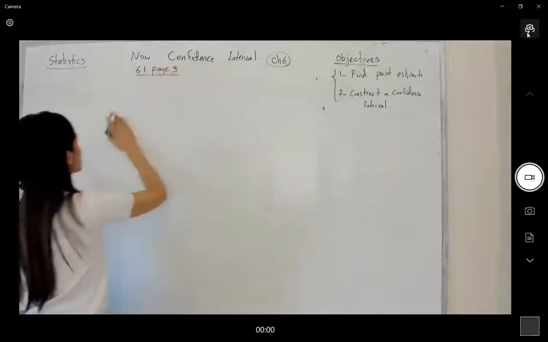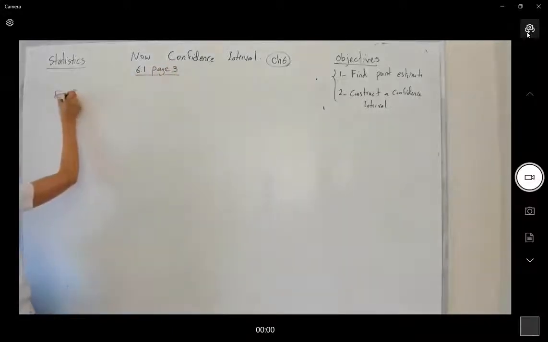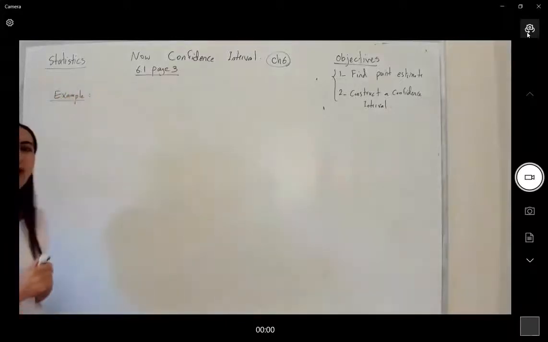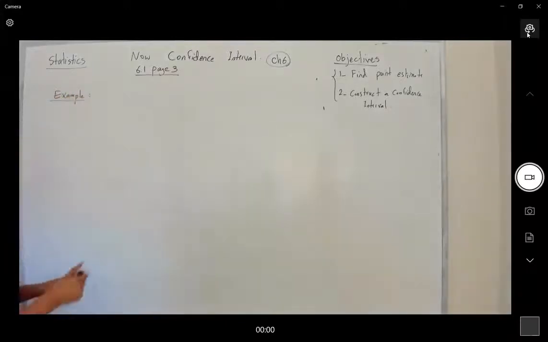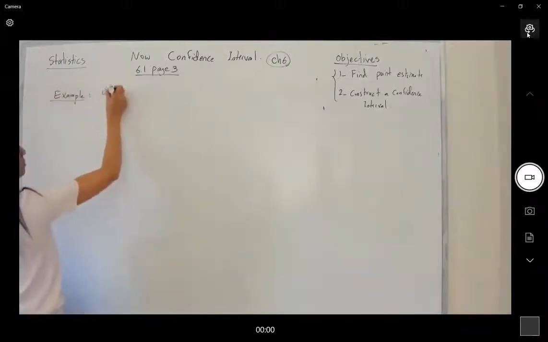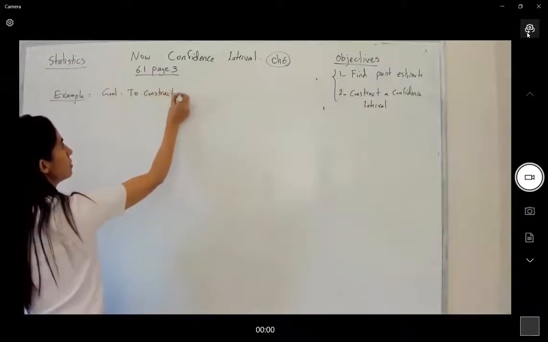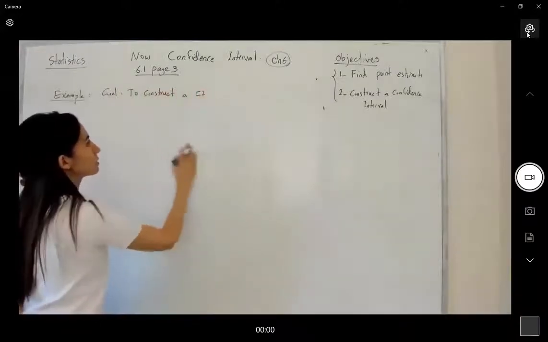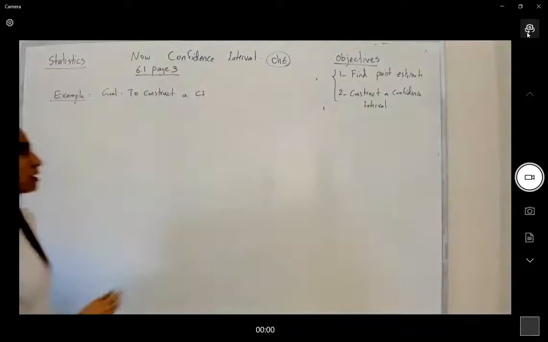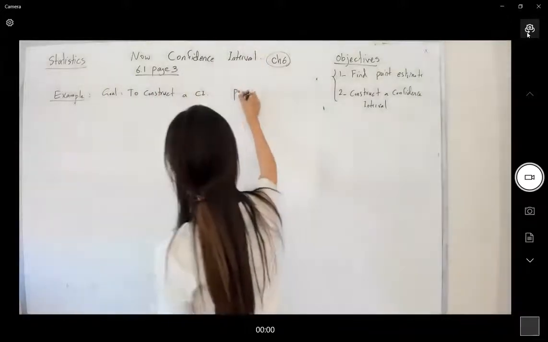Page 3. In this example, our goal is to construct a confidence interval, CI, for the population mean.